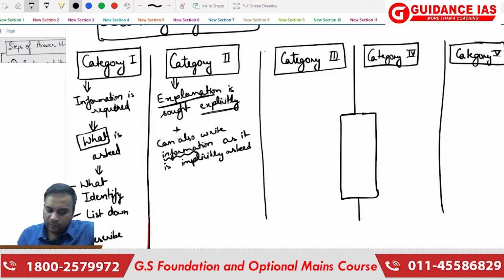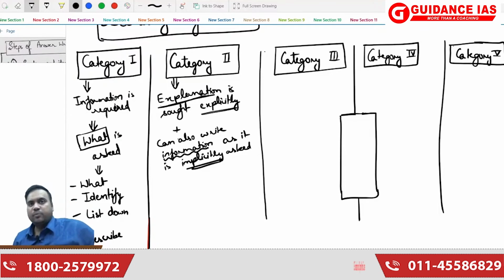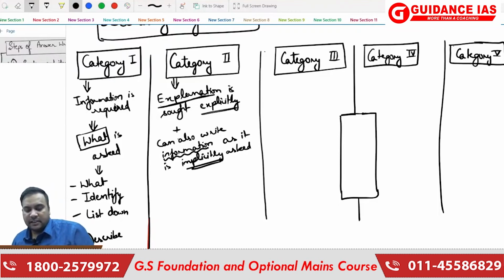Okay, so information is implicit while explanation has been asked explicitly.